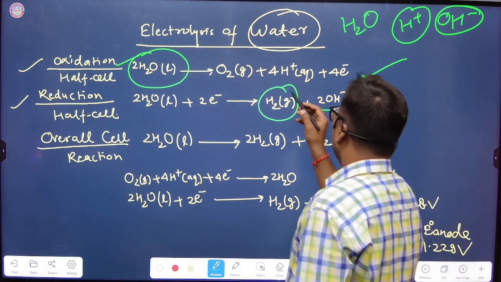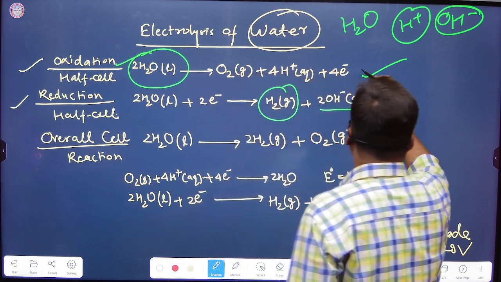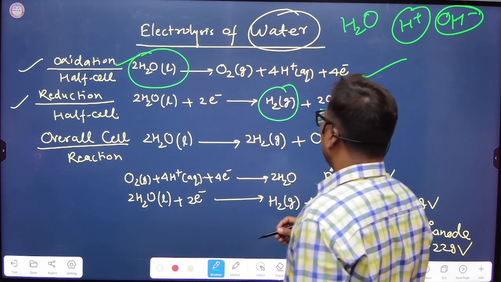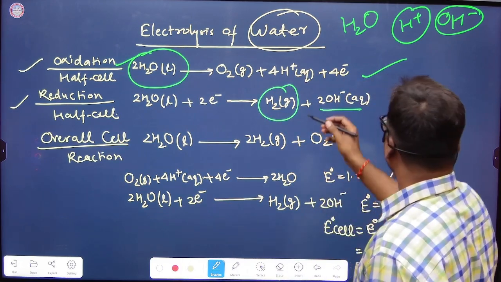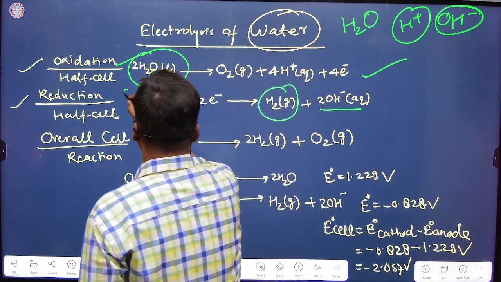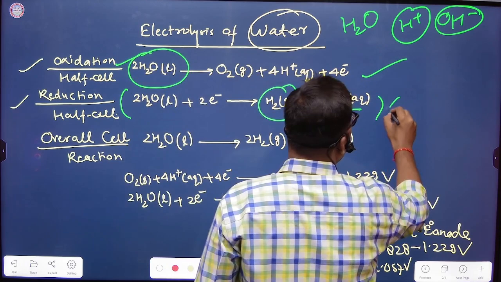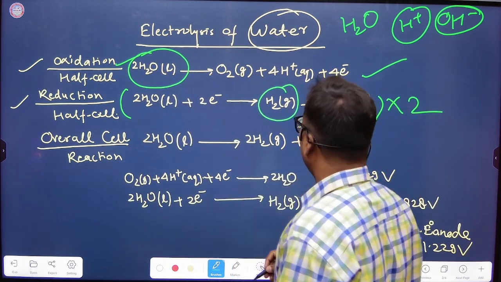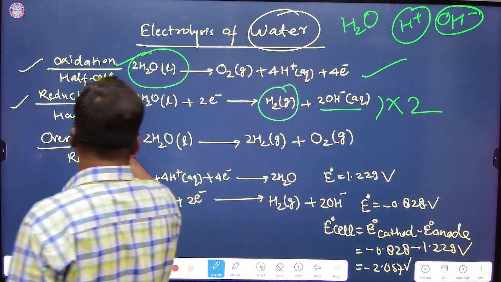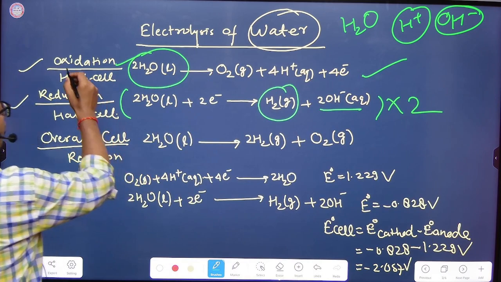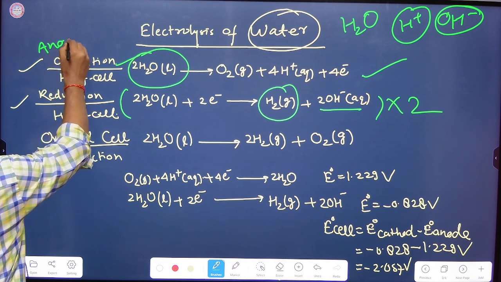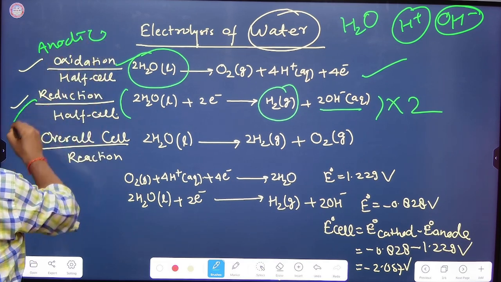So here the electrons are 4 mole and here electrons are 2 mole. So we have to balance these electrons just simply by multiplying by 2 in this half cell reaction. So reduction reaction occurs at cathode and oxidation reaction occurs at anode. So this is the anodic reaction and this is the cathodic reaction.